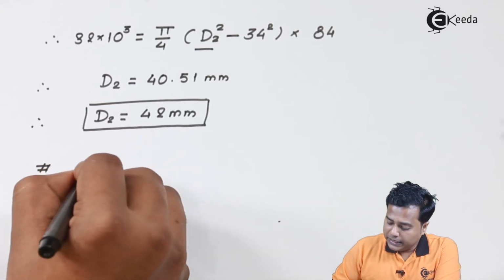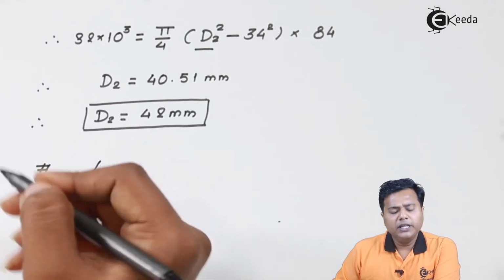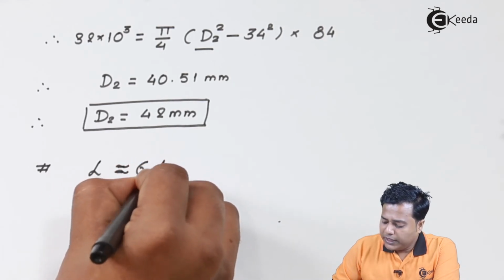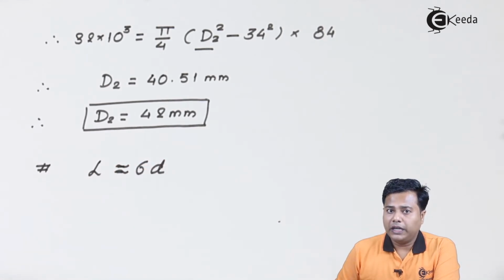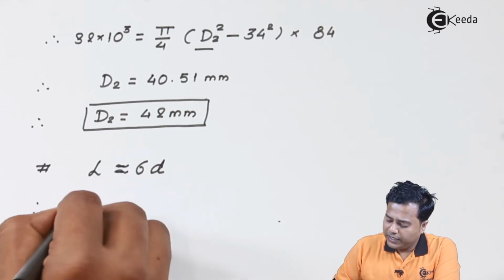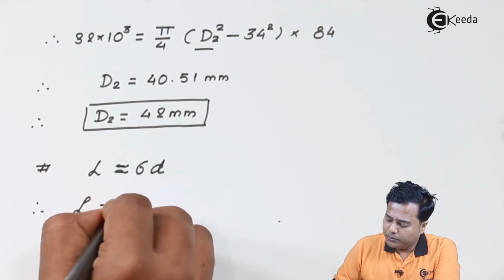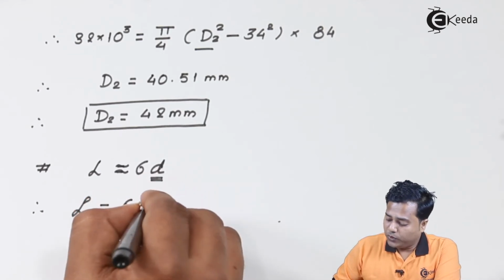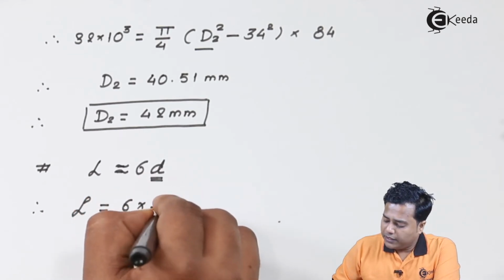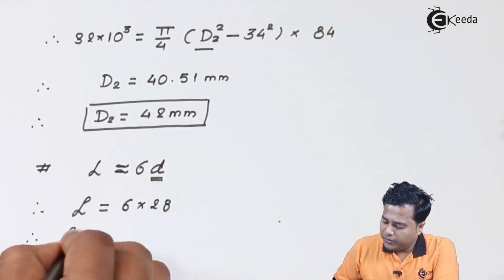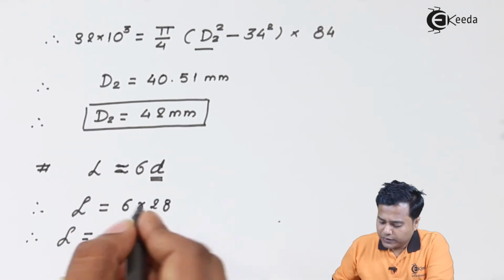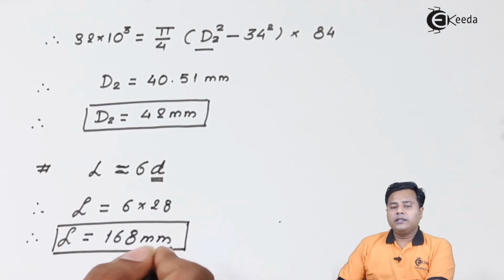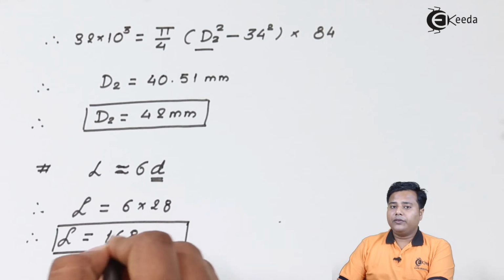That gives us the length of the coupler should be approximately equal to 6 times the outer diameter of your tie rod, which was 28 in our case. So the length of the coupler is equal to 168 millimeter, and this is how we get the answer for the length of the coupler.